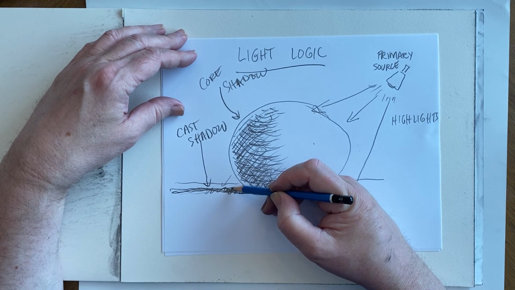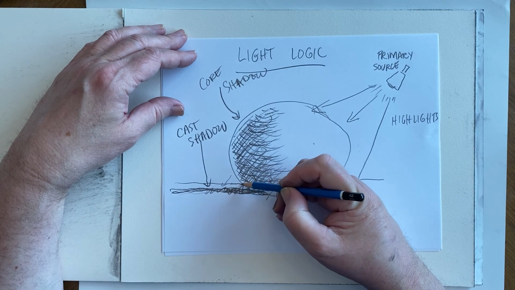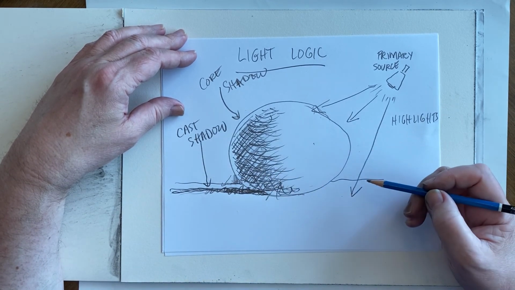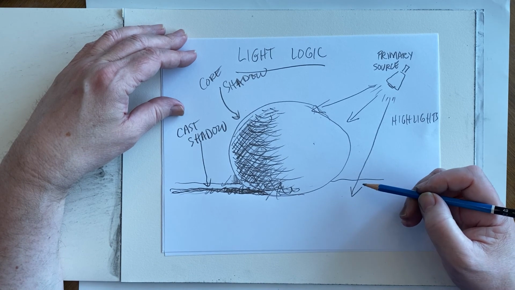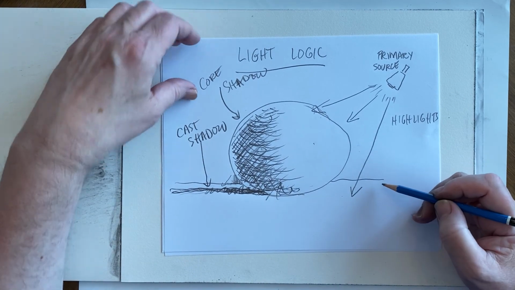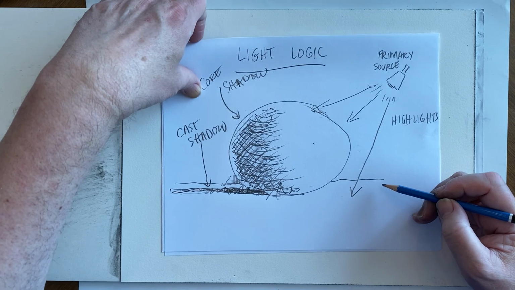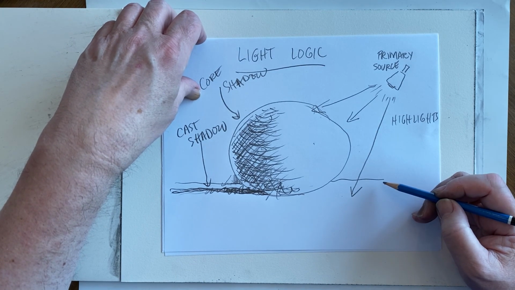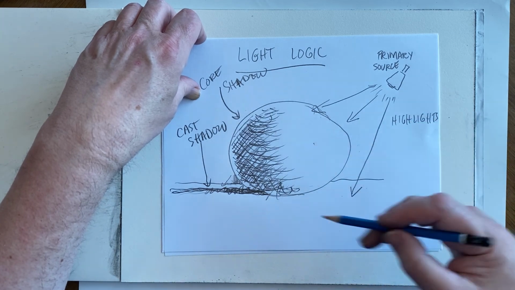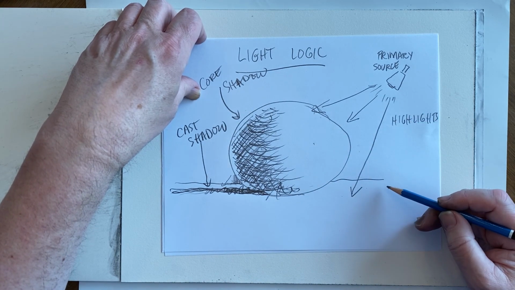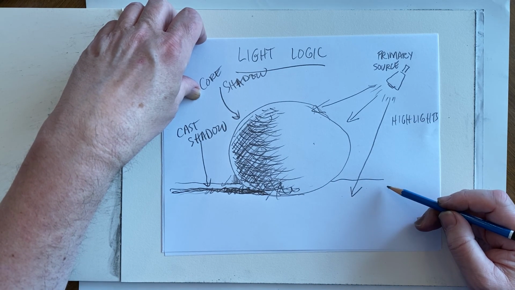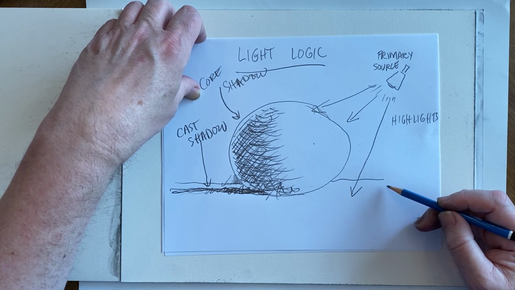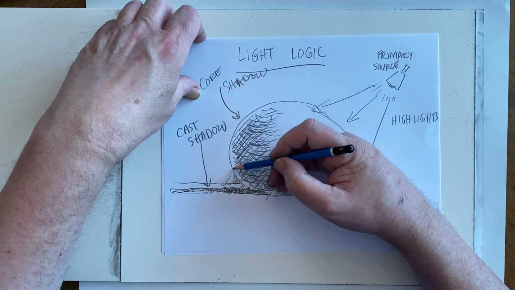Let's say the shape between the top of the cast shadow and the back of the table, right? So again, look again at the second video on cross contour for a slightly more extensive version of this same diagram and this same little talk. We may talk about more things.